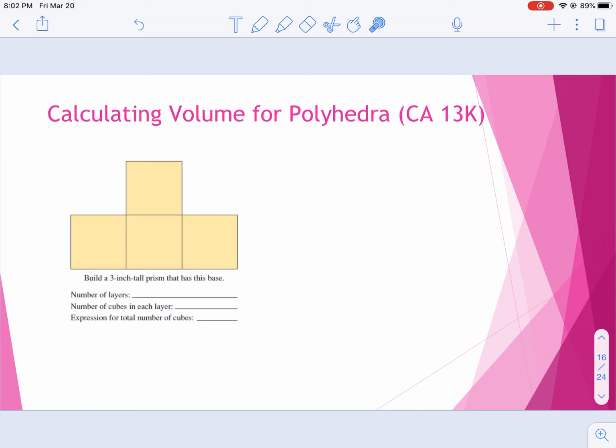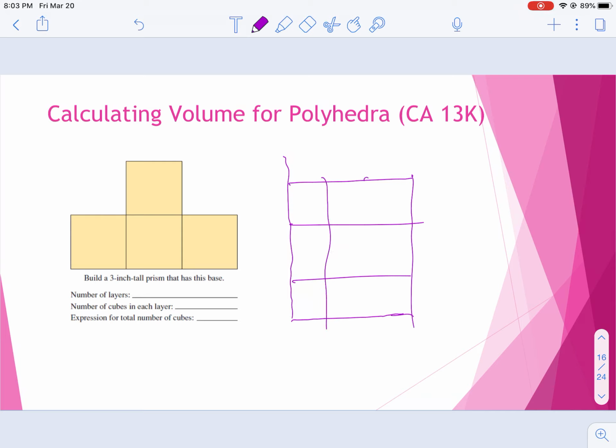So if I was to build on top of this, and I'm afraid this is going to be a very poor drawing, from the front side you would end up just looking like a square, 3 inches by 3 inches. But then on the top, you're going to see the T shape here.